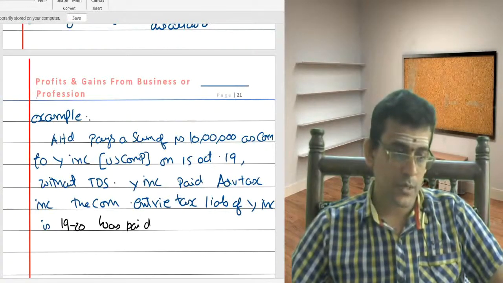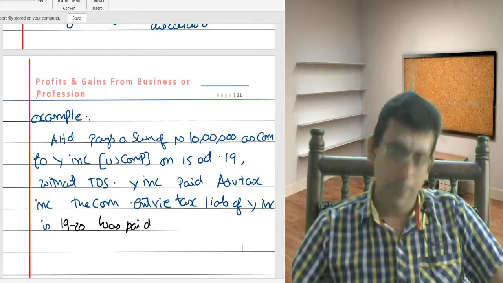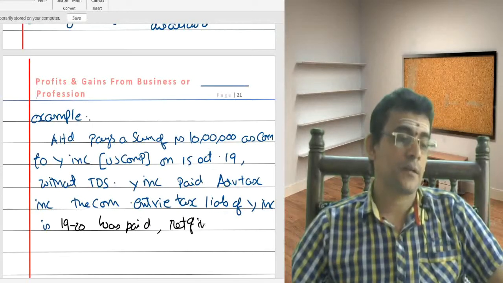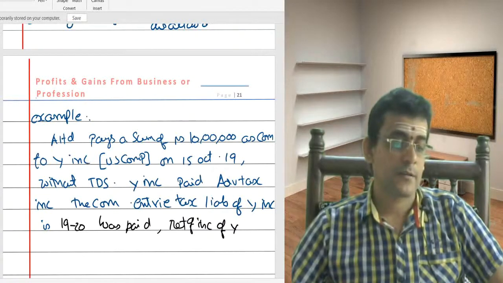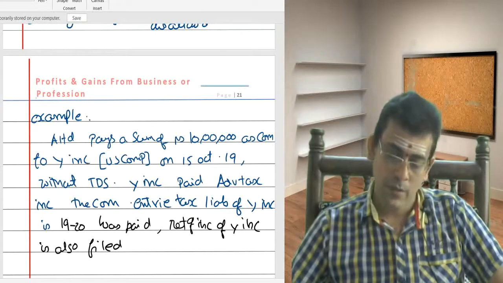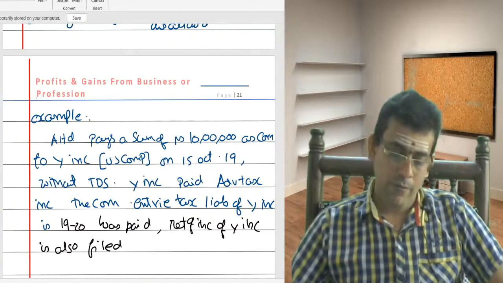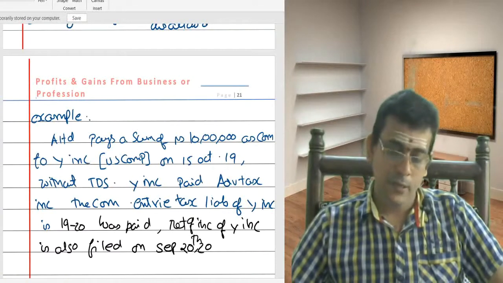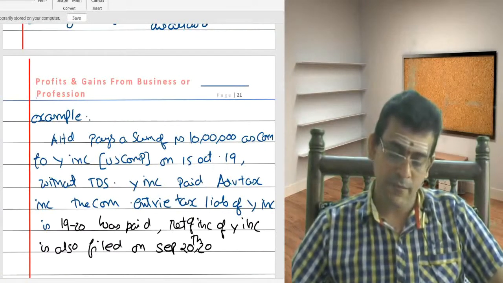So there is no tax due, the entire tax was paid. And not only this, the return of income of Y Inc. is also filed. The return has been filed on 20th September 2020.